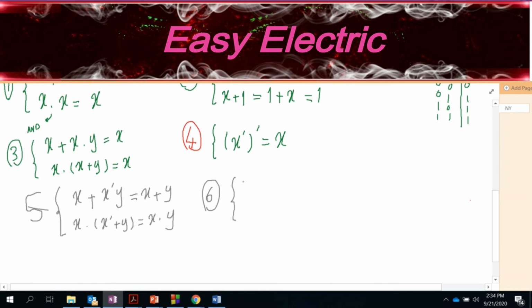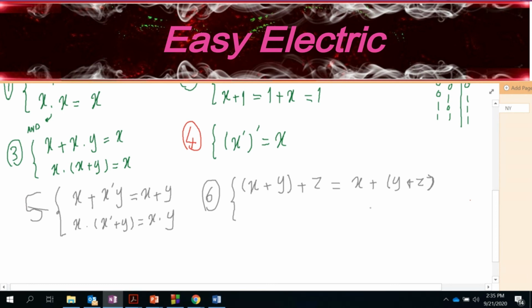So let's have number 6, which is the same thing we have in normal algebra. x plus y plus z, better to say (x or y) then or with z, equals x plus (y plus z). We call these associative properties, right?